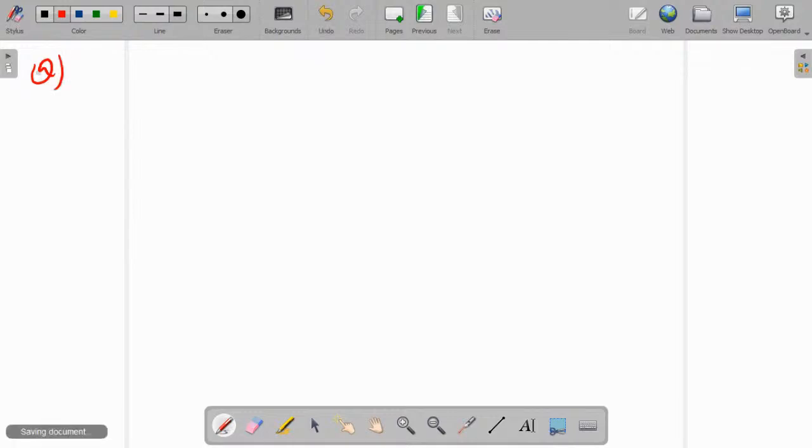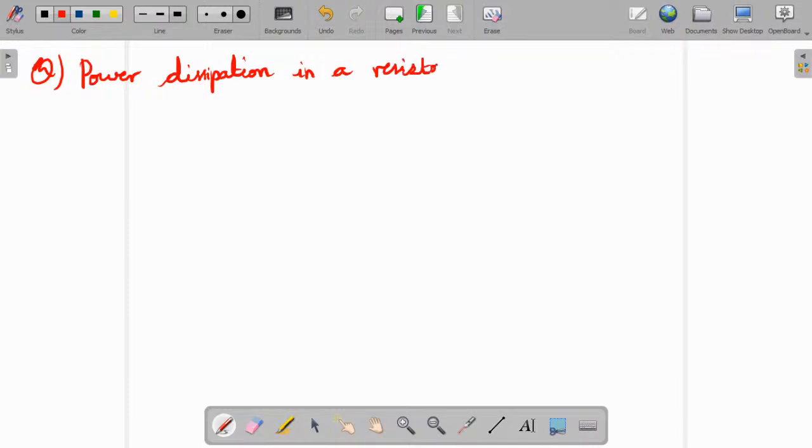Next question. The power dissipation in a resistor is 400 watt. Find C, the value of capacitance.